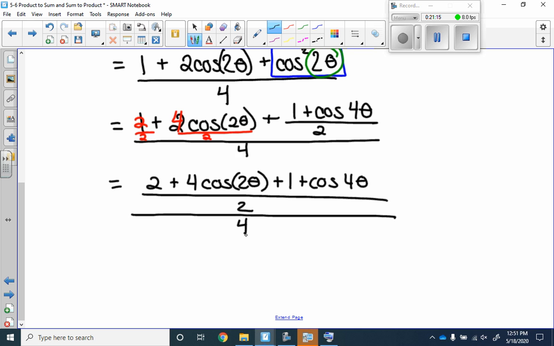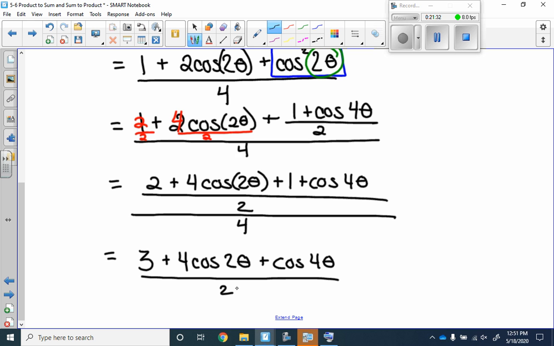You can kind of see where that's going. I'm going to do a little simplifying here. 2 plus 1 gives us 3 plus 4 cosine 2 theta plus cosine of 4 theta.